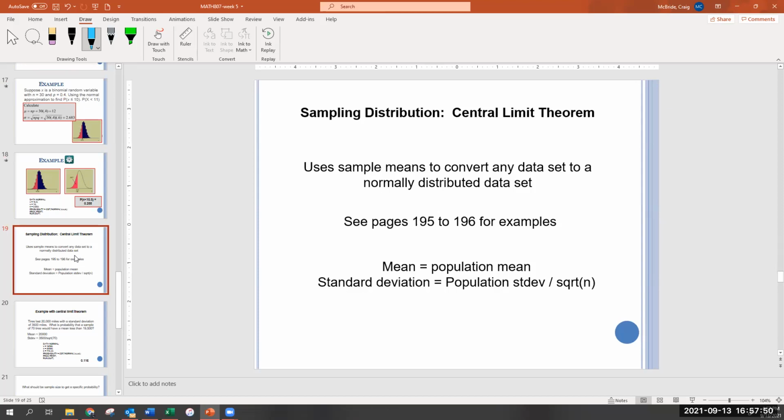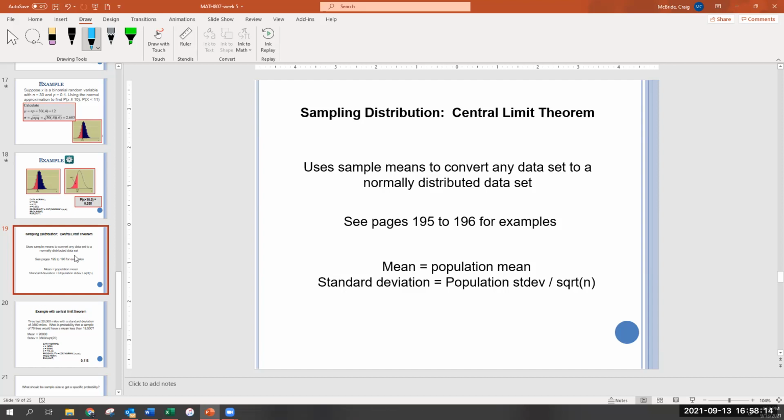The last thing we talk about in this module is the central limit theorem. And the central limit theorem basically just means that if you are to run experiments over and over and over again, the experimental will always approach the theory.